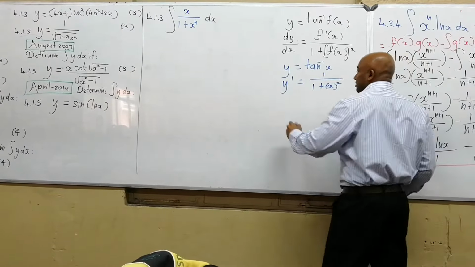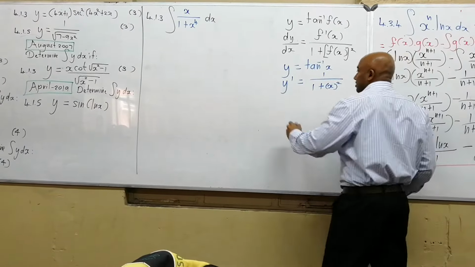So what happens if I give you y is equal to inverse tan of x squared? Y is equal to inverse tan of x squared. So now what's happening? F of x is being replaced by x squared.